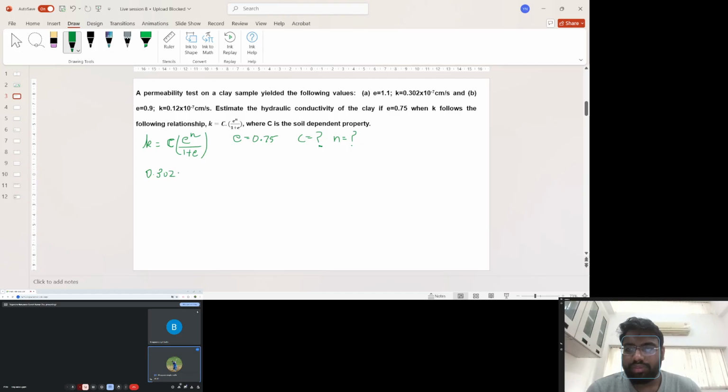So now 0.302 into 10 power minus 7 is equal to C into 1.1 power n by 1 plus e, which comes to 2.1. Right.